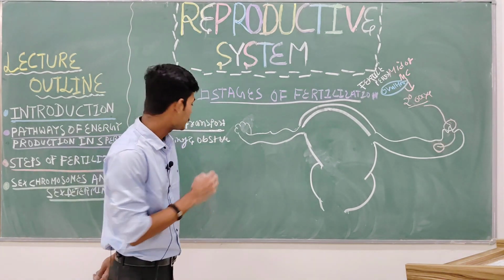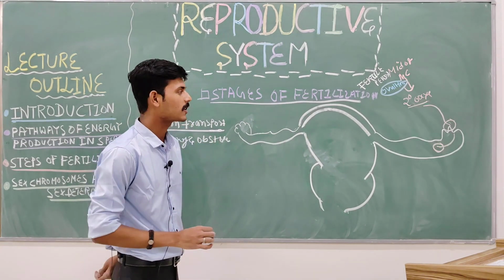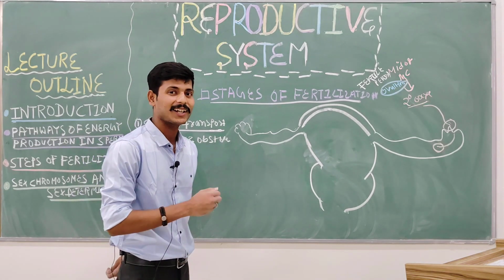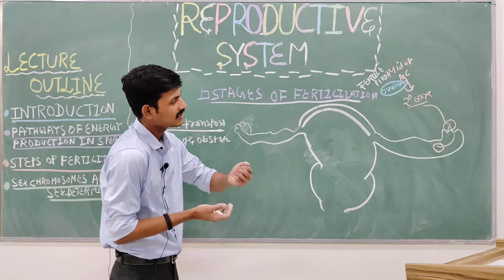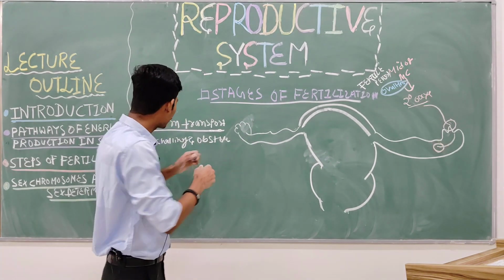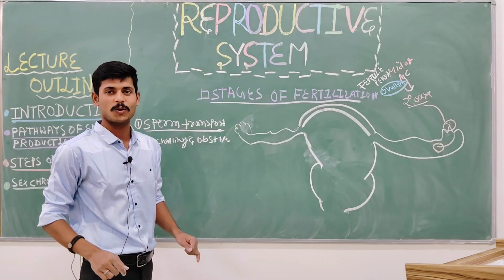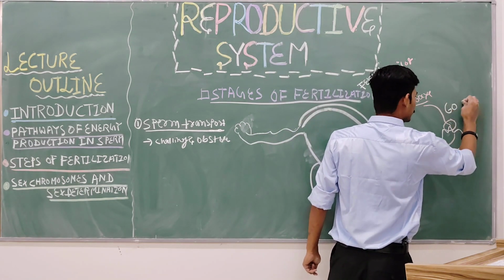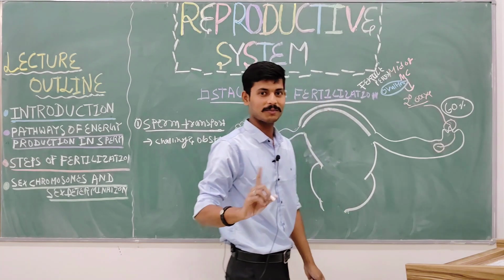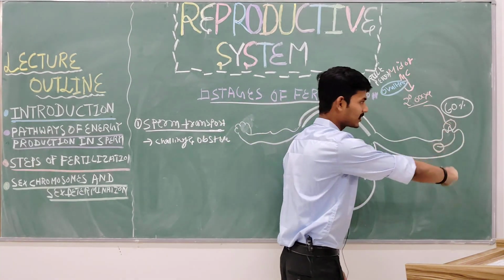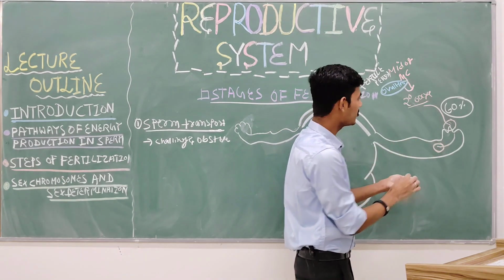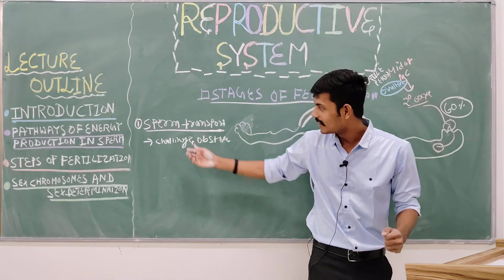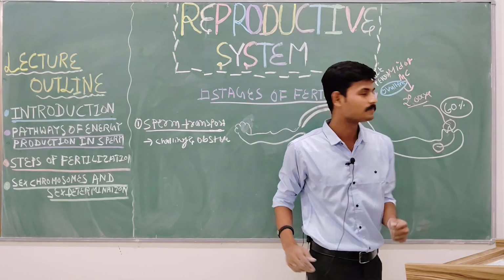As I said, these challenges and obstacles are largely overcome by the egg, because the egg also wants to meet, but they are not 100% capable. Somehow 60 or 70% is my estimation, I'm not going by the book. 60% of the obstruction and challenges is overcome by the secondary oocyte, which badly wants to meet her boyfriend, that's the sperm.